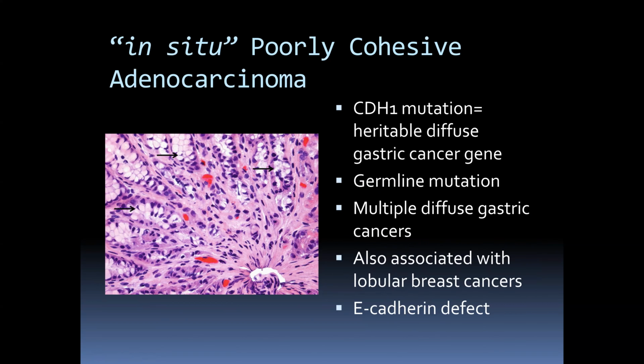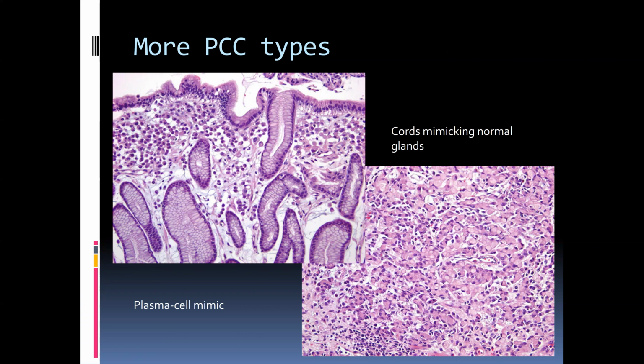Here's another example of poorly cohesive cancers. Here's sort of a plasmacytic version. And I know you're looking at this photo and you're going, that just looks like chronic gastritis, you know? And that's the point I hope that you take away from this, is that diffuse carcinomas can be extremely subtle.